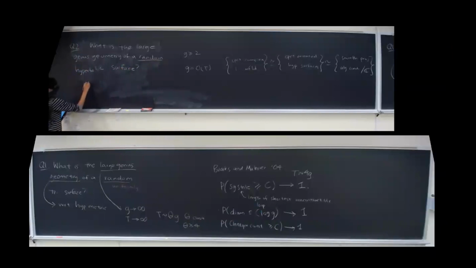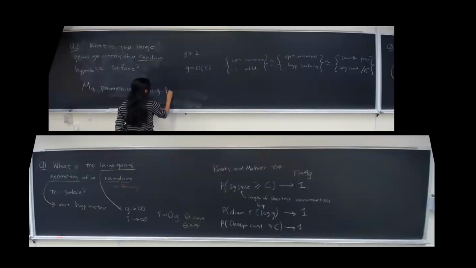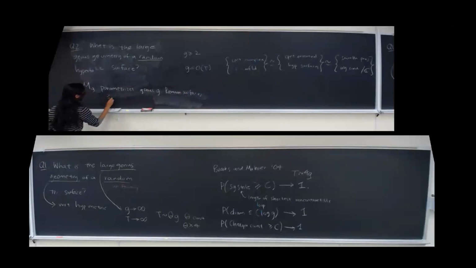The moduli space M_g parameterizes Riemann surfaces or hyperbolic surfaces, they're all the same. This has a complex structure, it's finite dimensional, and it has a Kähler form on it, called the associated volume form.